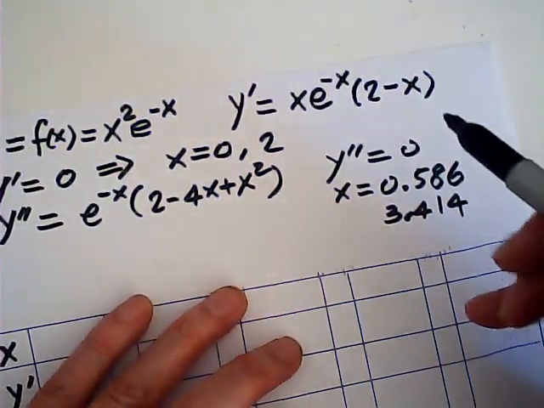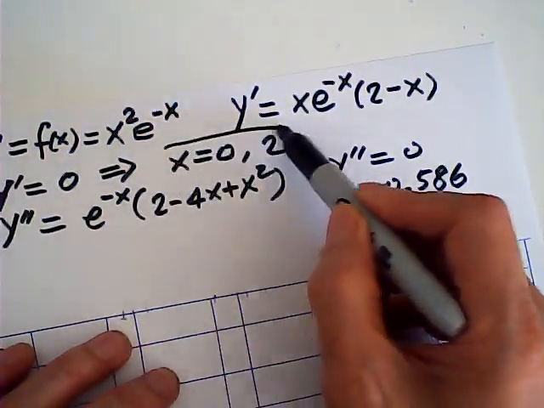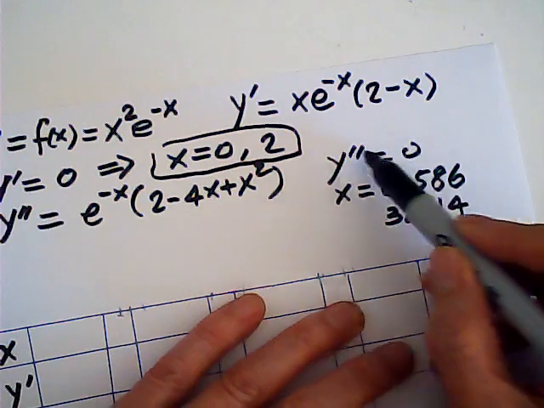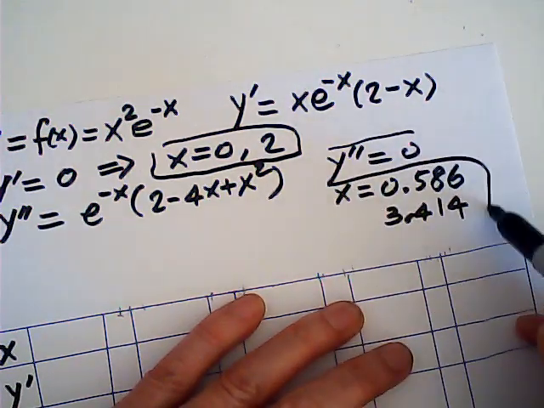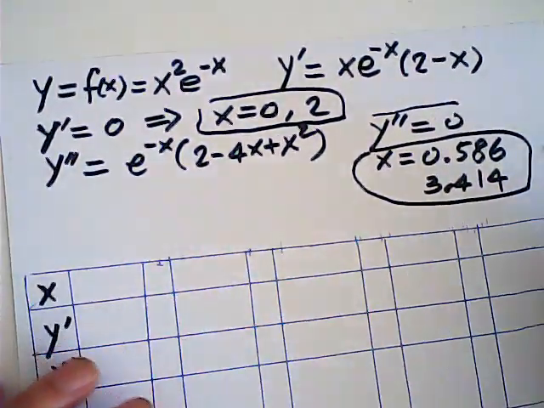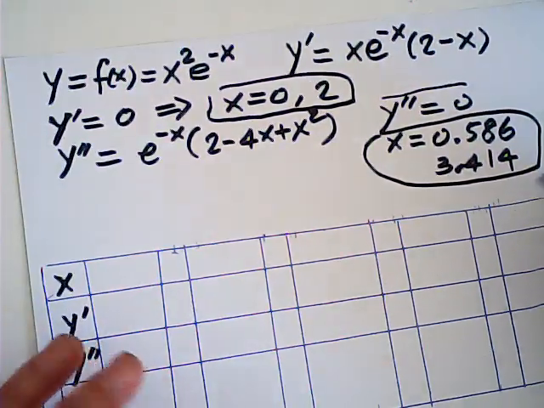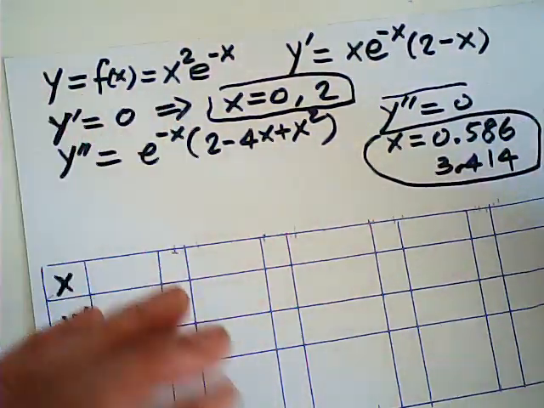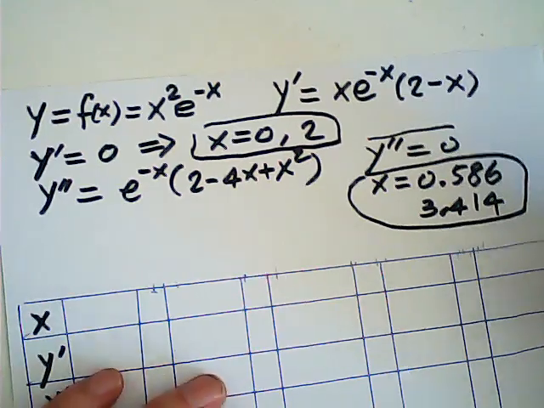So we find the critical points, these two and these two. When you sketch the graph, you're looking for the critical points, right?